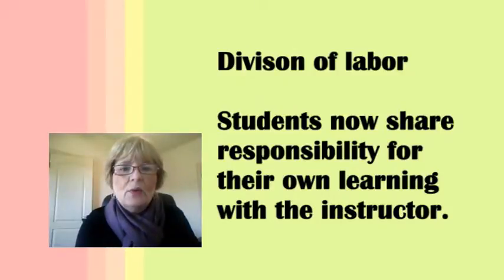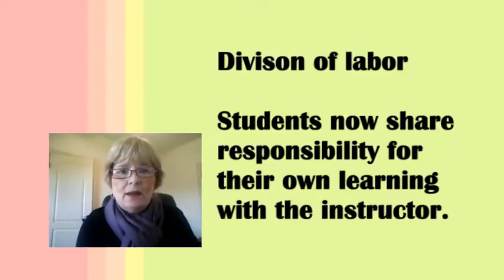It allowed the teacher to become not the main focus of the class. It showed how the teacher can become the sage on the stage and not the person who is the number one in the learning experience. In that role change that Peters wrote about, we see that there's a division of labor.